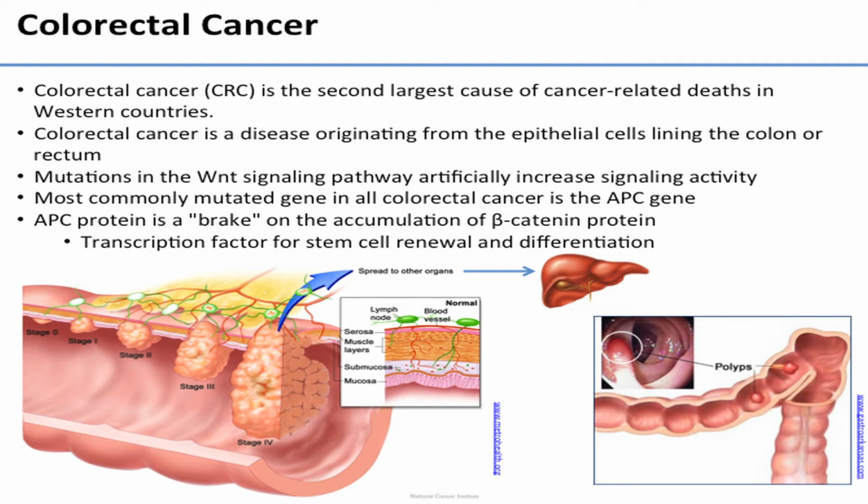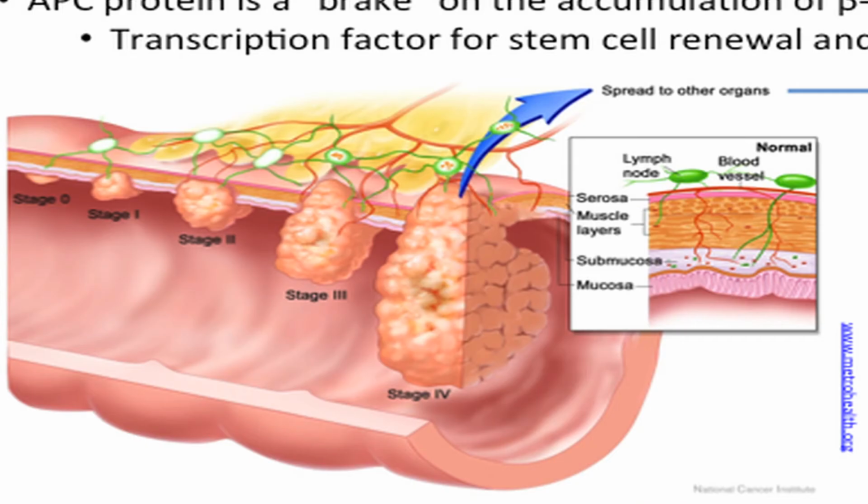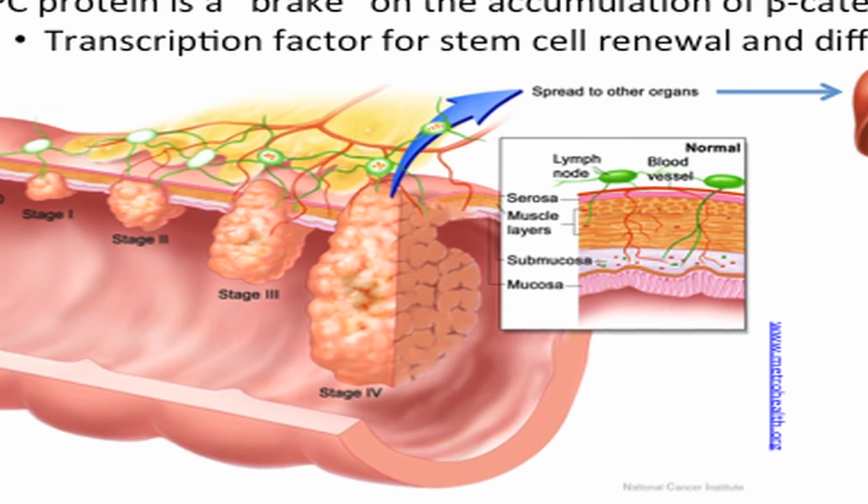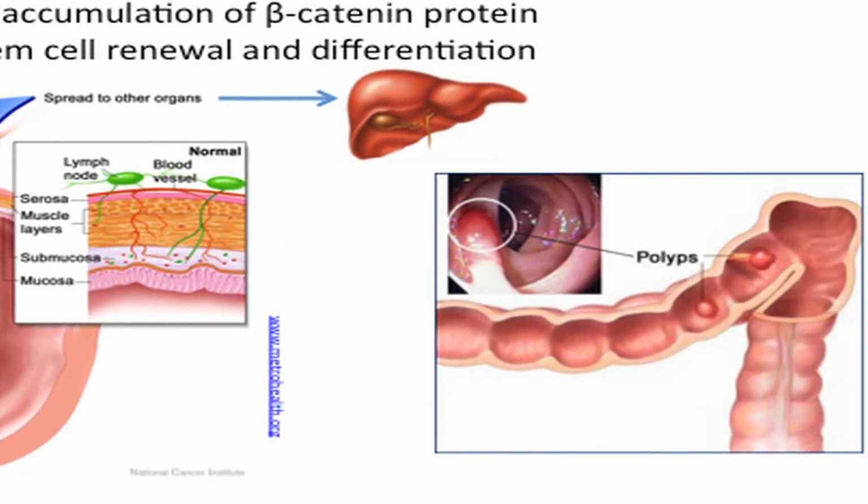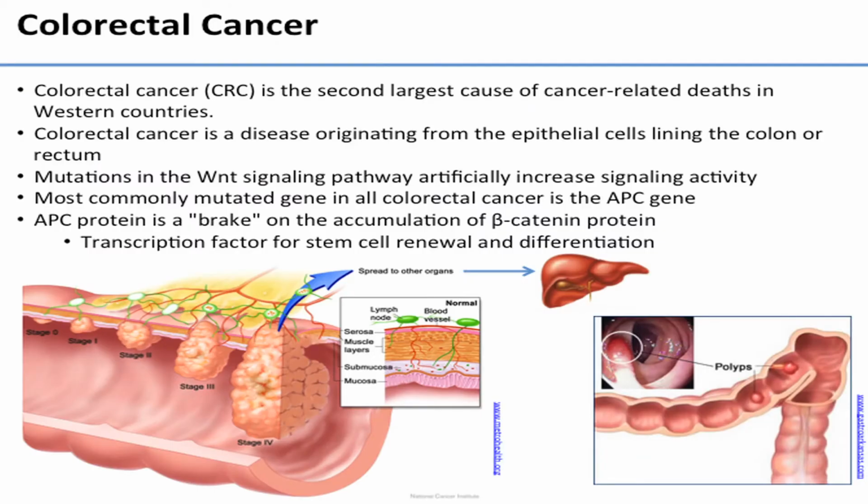As you can see from this nice picture here, it starts right on the epithelial lining, and then it grows in and gets bigger and bigger and feeds into the blood system, and then it spreads to other organs. Notably, the liver is one of the biggest organs that gets a metastatic tumor. So it's important when having your colon examined that these polyps are removed at this very early stage.